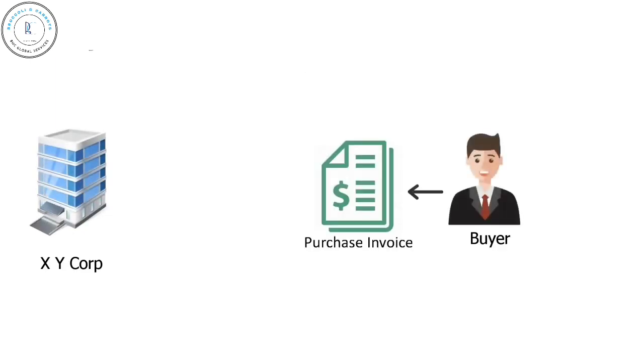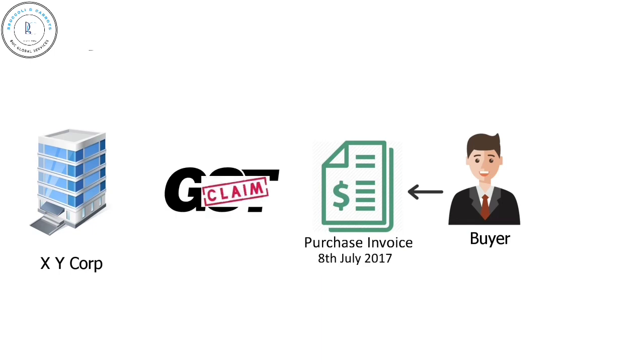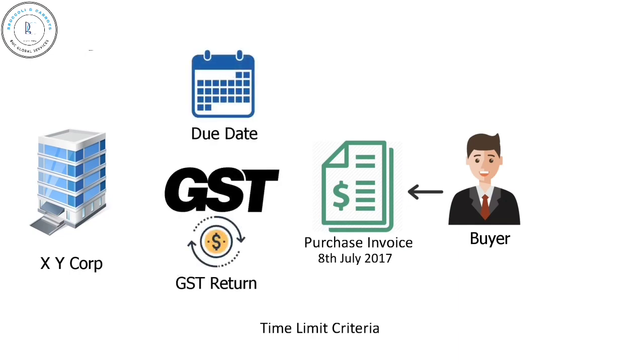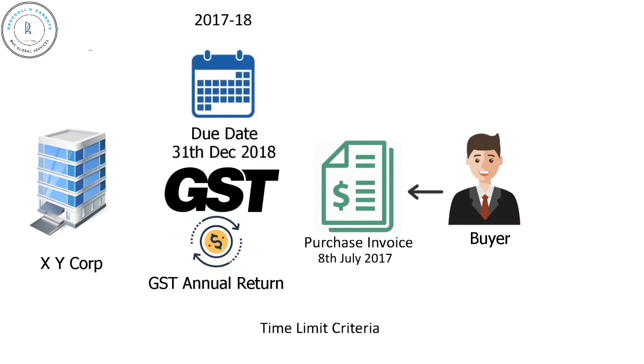For instance, XY Corp., a buyer, has a purchase invoice dated 8th of July 2017 and wants to claim GST paid on that purchase, as per the criteria laid down to reckon the time limit. The due date of filing GST return for September 2018 is 20th of October 2018, and the date of filing GST annual return for FY 2017-18 is 31st of December 2018.